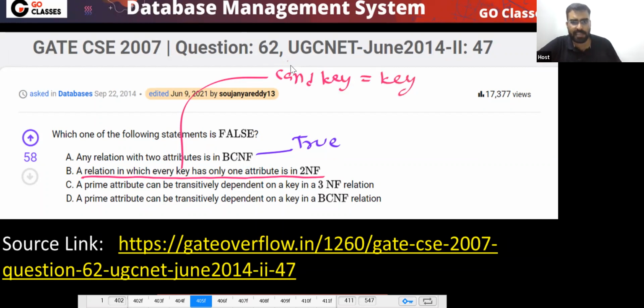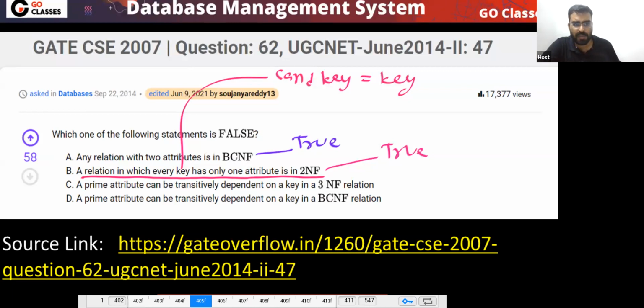So if every candidate key has one attribute, then this is also true. Then it is in 2NF, because now you cannot create a partial dependency where a proper subset of a candidate key determines a non-prime attribute.